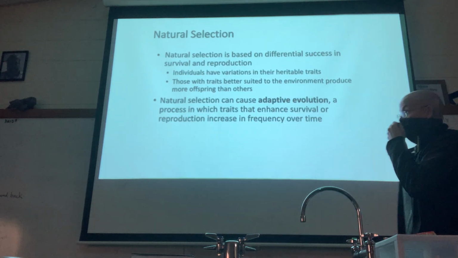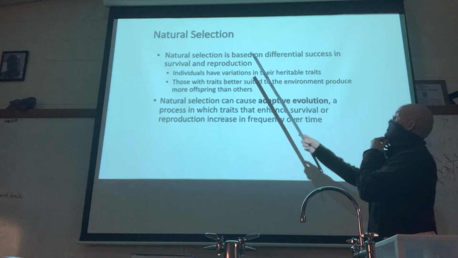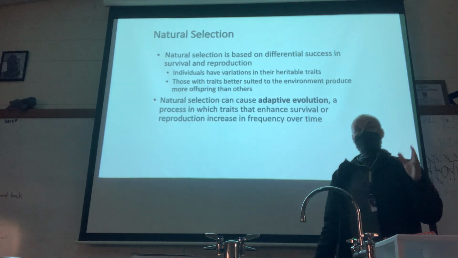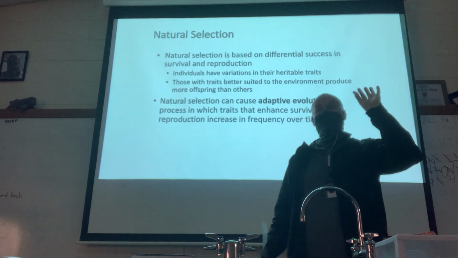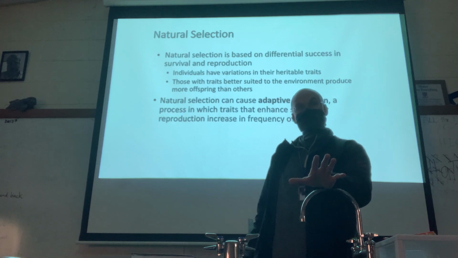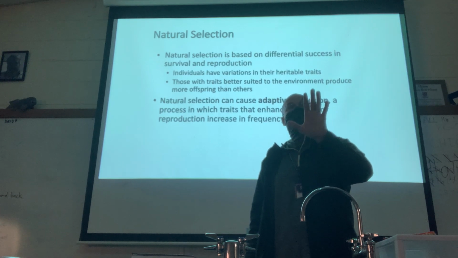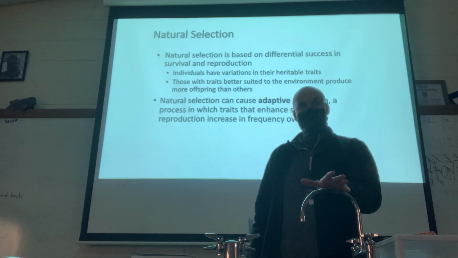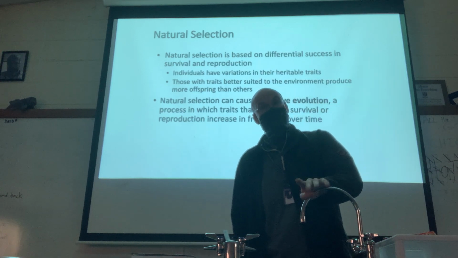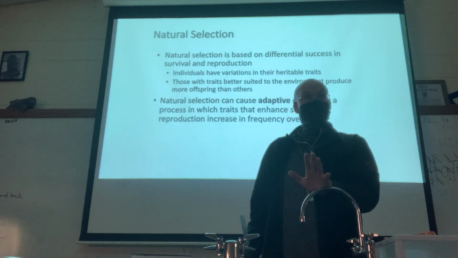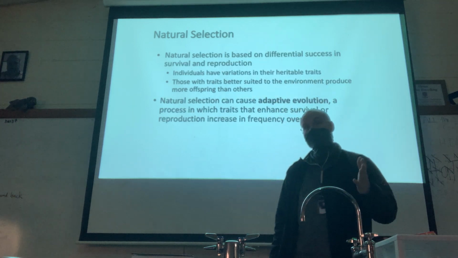So basically, the concept of natural selection is just that the environment the population is in is going to favor or not favor certain traits. Okay? That's all natural selection is saying.